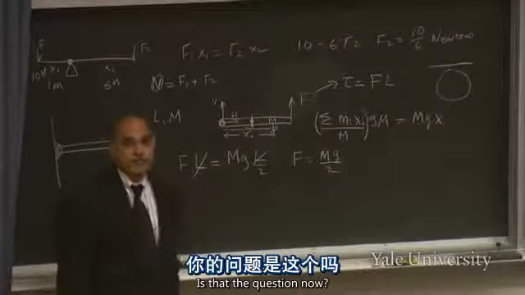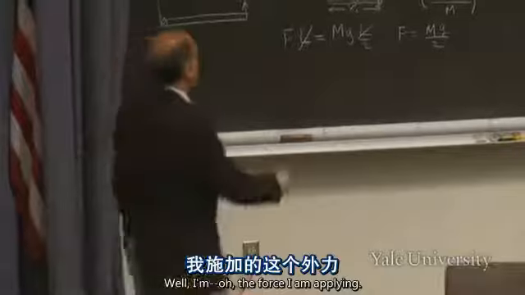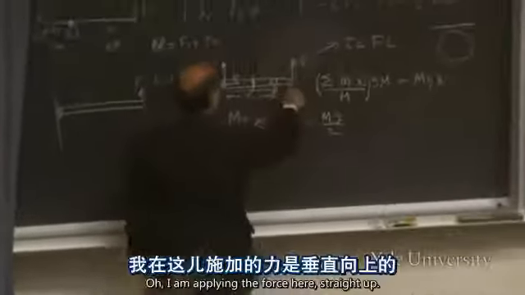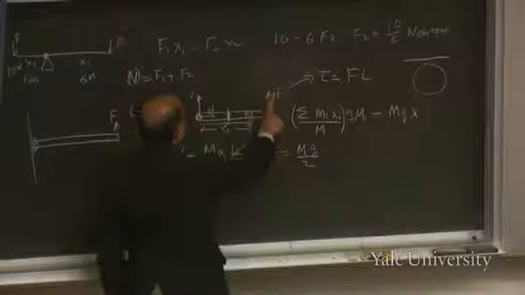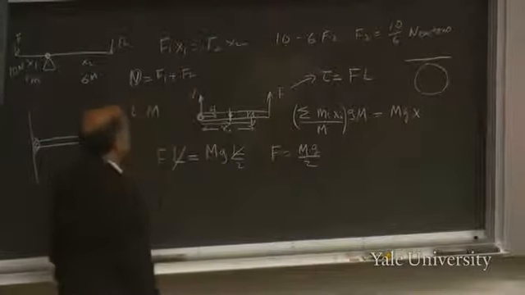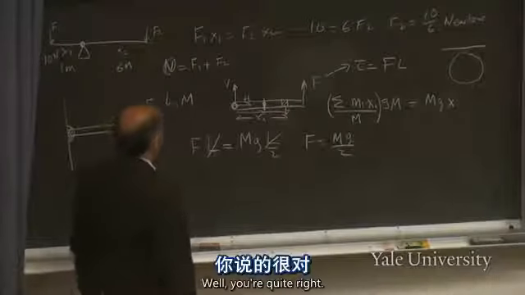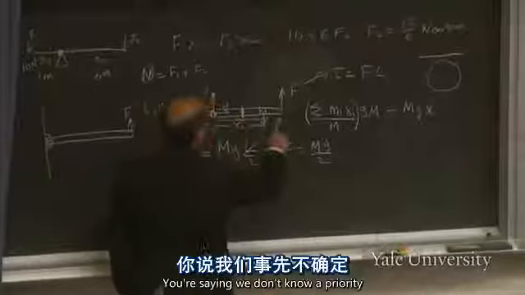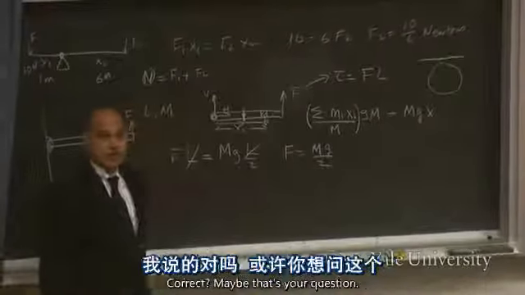Is that the question now? I want to know about the force you're applying, not gravity. The force I'm applying? Oh, I'm applying a force here, straight up. Oh, you want to know why you call it sine 90? Well, you're quite right. You're saying we don't know a priori whether the force I'm applying is vertical or horizontal, correct?